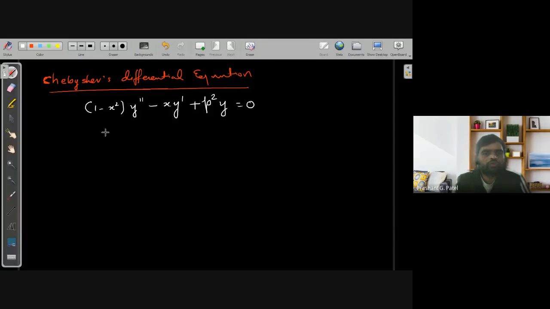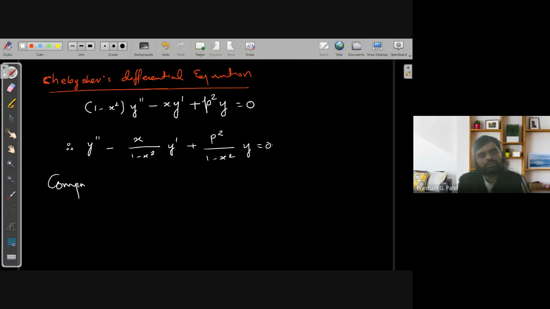To calculate a solution for this Chebyshev equation, we need to see what the ordinary points are. This equation can be written as y double dash minus x upon 1 minus x square y dash plus p square upon 1 minus x square y equal to 0.